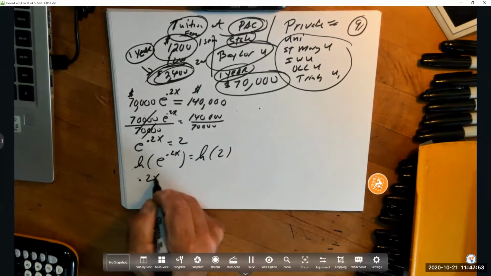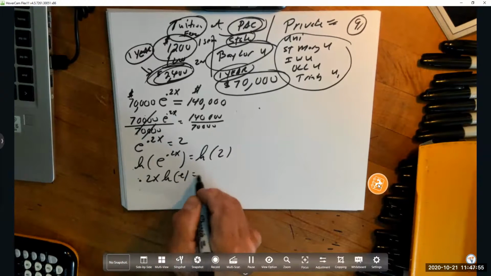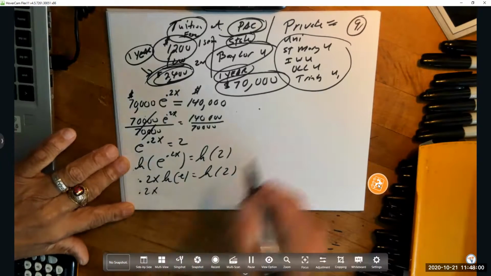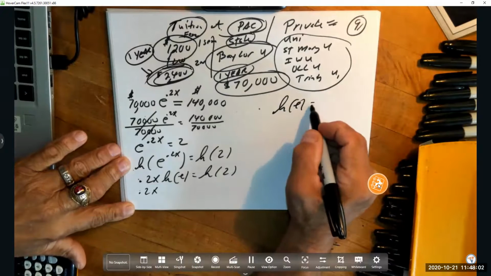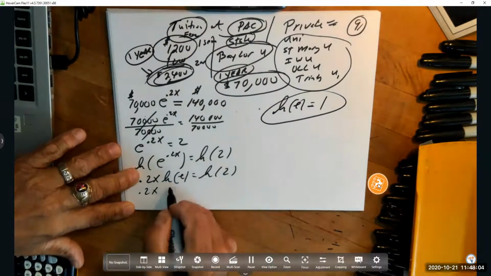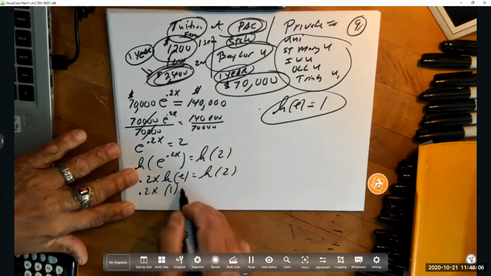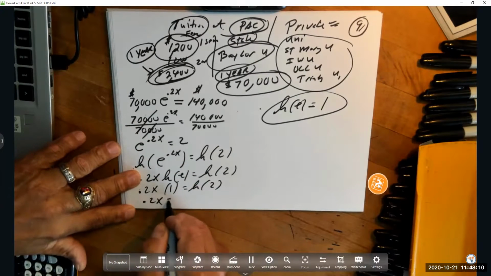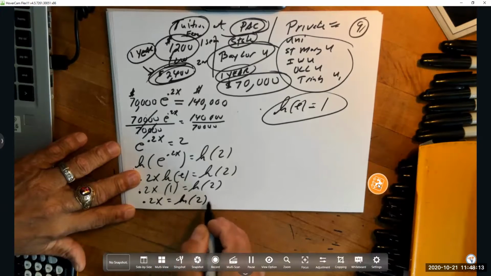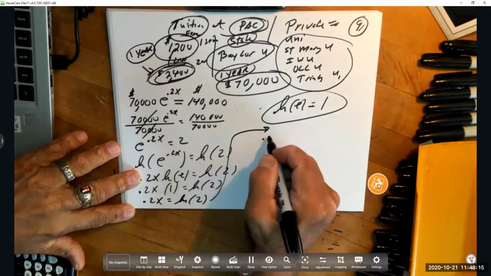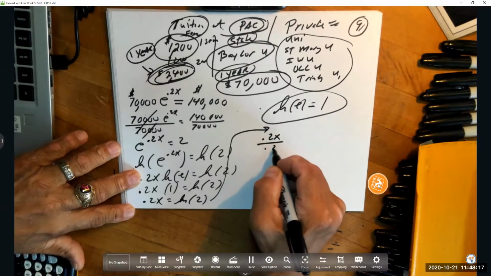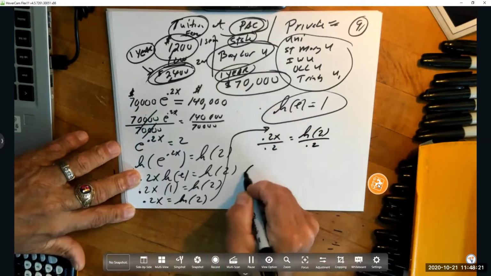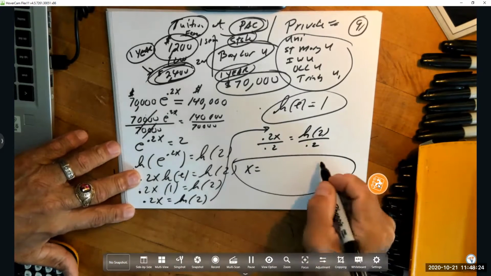So 0.2x times ln of e equals ln of 2. We said that ln of e is always 1, times 1 equals ln of 2. So 0.2x equals ln of 2. So divide 0.2x by 0.2, and ln of 2 divided by 0.2.